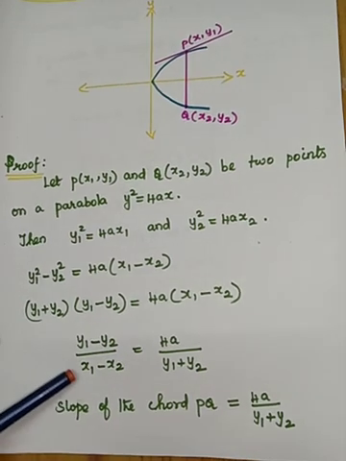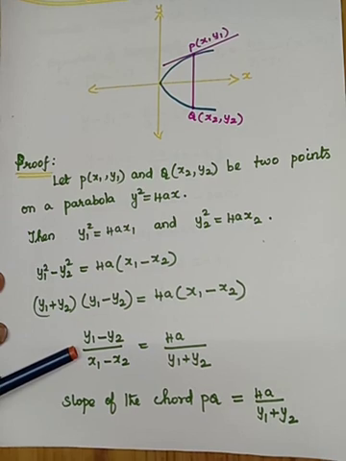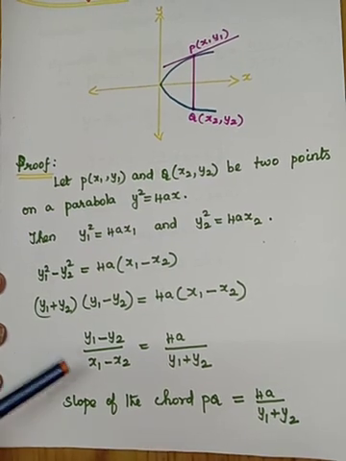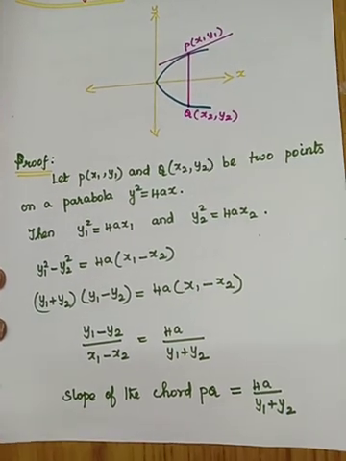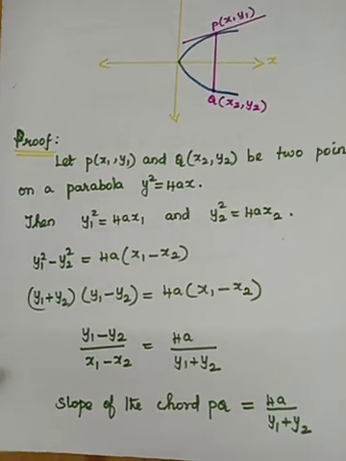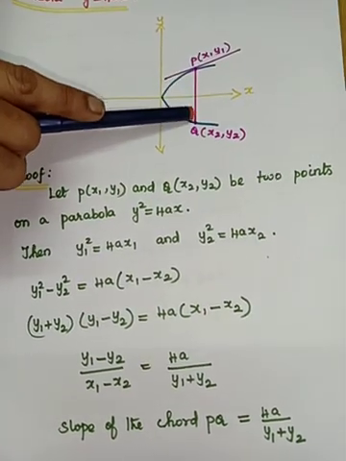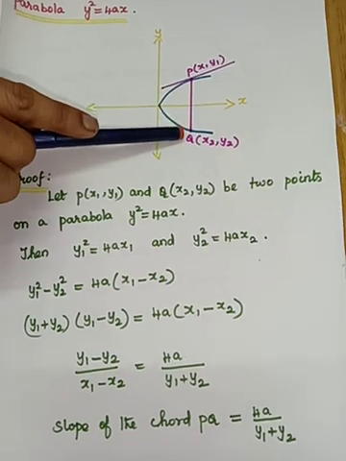So what is this? It is the slope of the line joining the two points x1, y1 and x2, y2. This is nothing but the chord PQ.